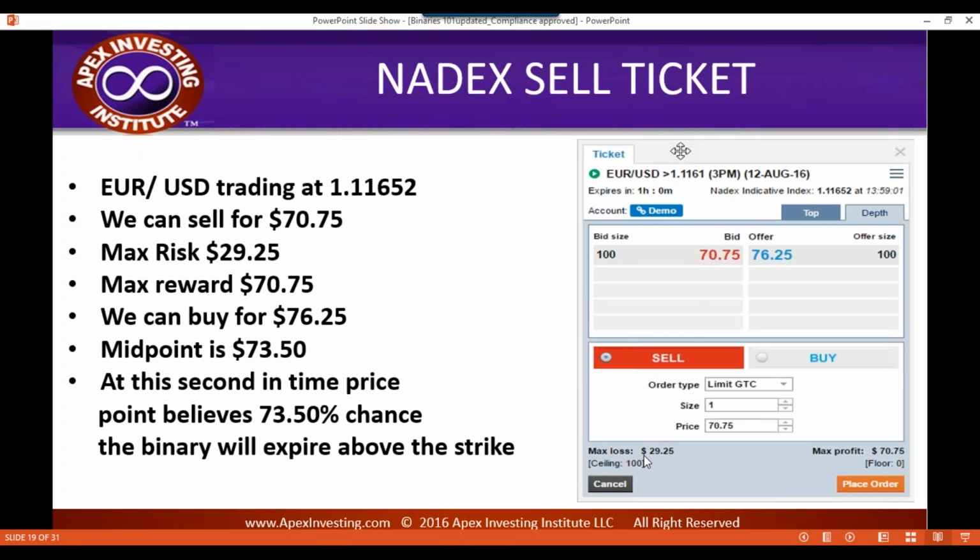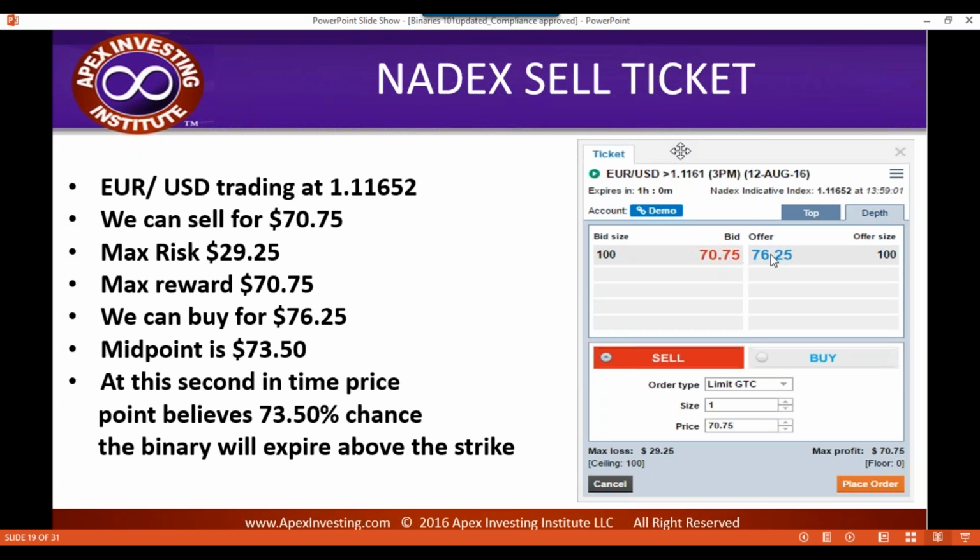Make sense? So I want to sell it. My max loss is listed right there, $29.25. My max profit, $70.75. Again, these two numbers added up are going to add up to the ceiling of 100, right? So the most it could be worth is 100, or it could be worth 0. Okay? So same thing here. I can sell it for $70.75.